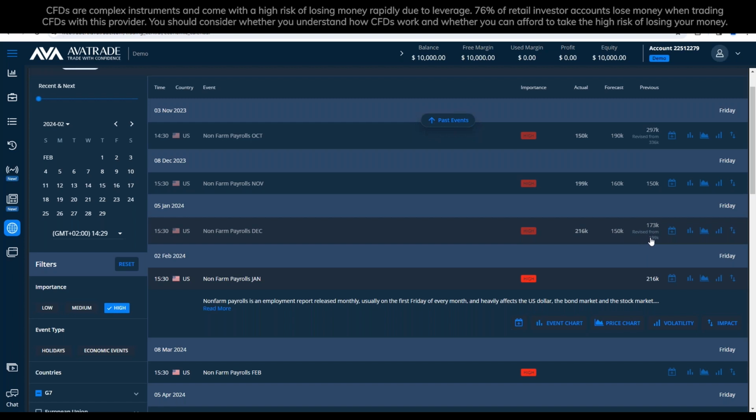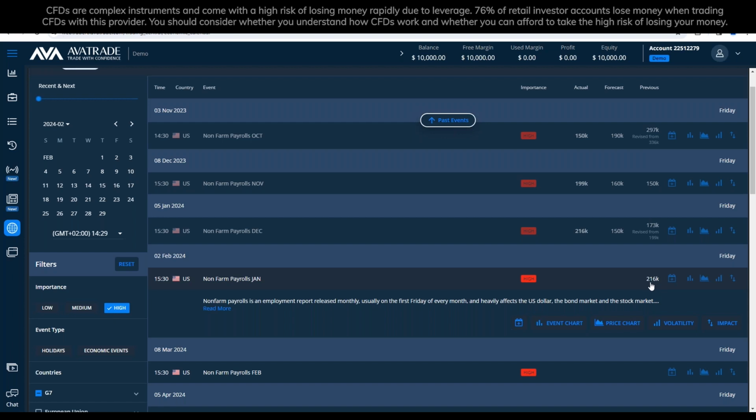I'm just going to give you a quick brief about how to read the economic calendar. This is the last result, which is why it's called previous. Forecast is what we anticipate will happen. It's not guaranteed at all. As you can see, it's really different from what we expected. It's actually higher. Actual is what happened, and that's why it appears naturally on the next one as its previous.